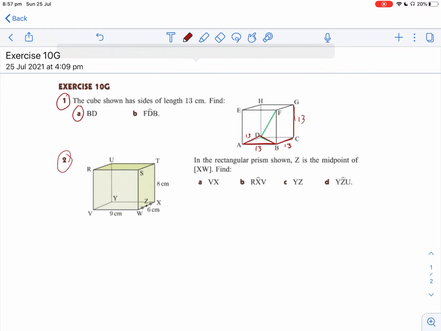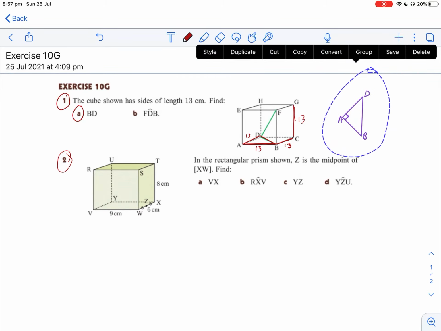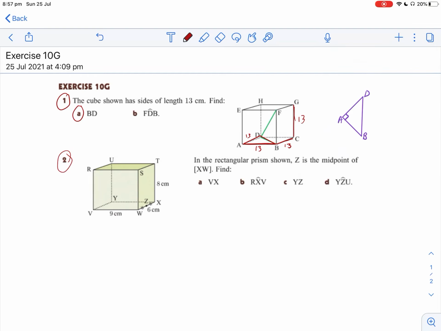So if I zoom in a picture here of what this triangle I just drew looks like, because that's a right angle triangle, we know that this length is 13, this length is 13, and let's call this length x. So we're trying to find x.